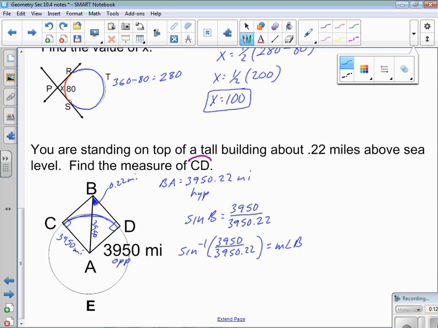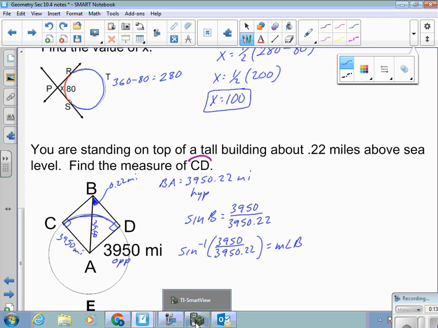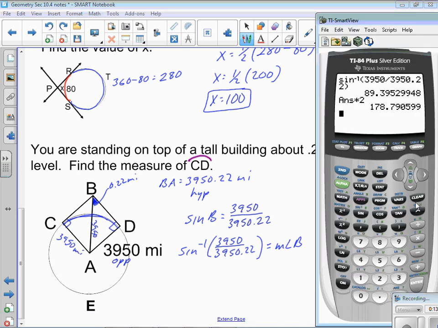So plug that into our calculator. Inverse sine of 3,950 divided by 3,950.22.